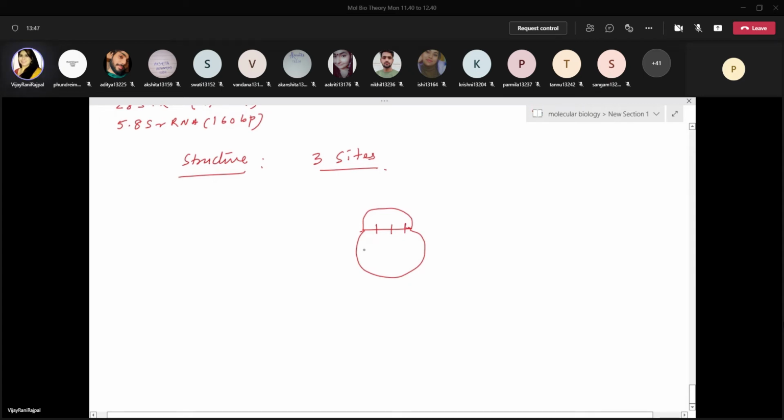And these sites are known as, from left, E, P in the center, A on the right. The E site is known as, okay, let me start with A. It will be easy. The A site is known as the amino acid acceptor site.